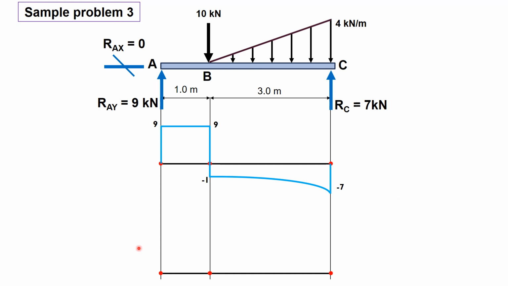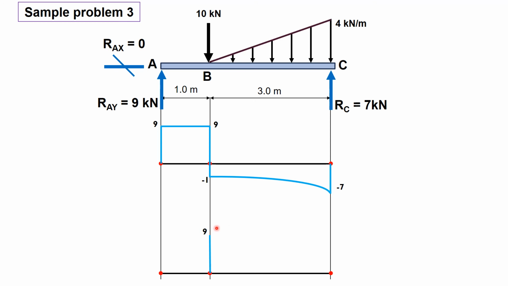Now, with regards to the moment diagram, so when x is 0, so you have 0 moment here. When x is 1, ang nakuha nating ordinate is positive 9. And that is when we use the moment equation for AB. When using the moment equation for BC, and that is x equals 1, so ang ating ordinate is also 9.